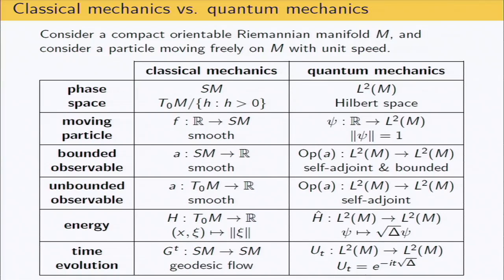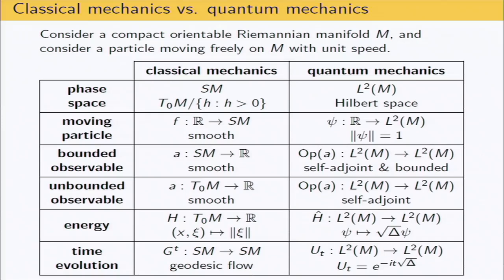Now this assignment A to op-A is linear, and it's called quantization. It's not unique, and it comes from physical intuition. But the different quantizations only differ by small operators. I will try to say a bit more on that. So usually op-A is realized as a pseudo-differential operator.